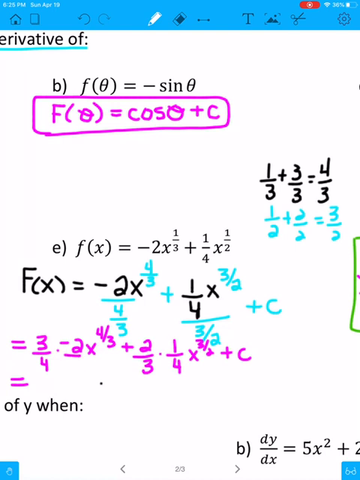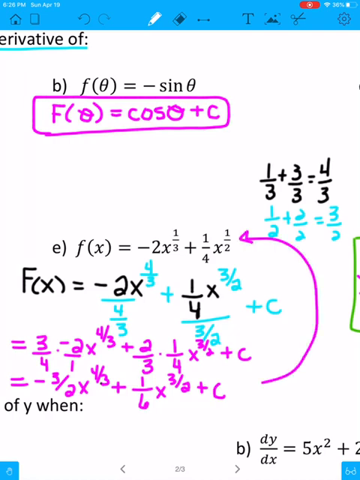And so I'm going to get negative 6 over 4, which reduces to negative 3 over 2 x to the 4/3, and then I'm going to get 2 over 12, which reduces to 1 over 6 x to the 3/2 plus c. And then once again, I can check that and see if I take the derivative of that, do I get this? And I will.